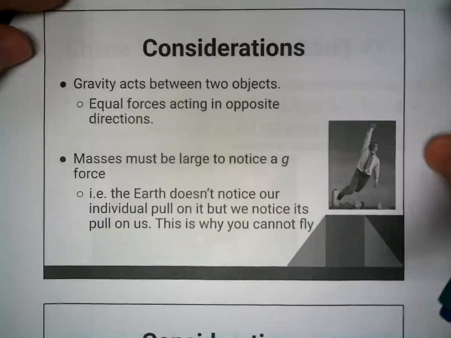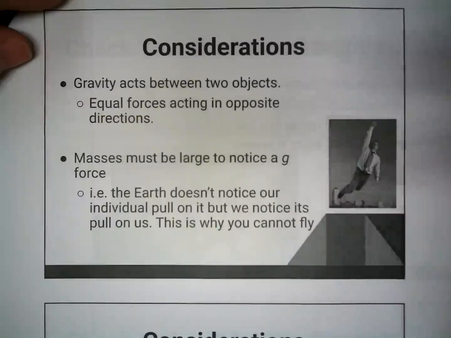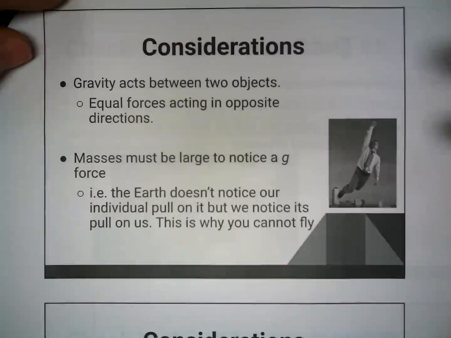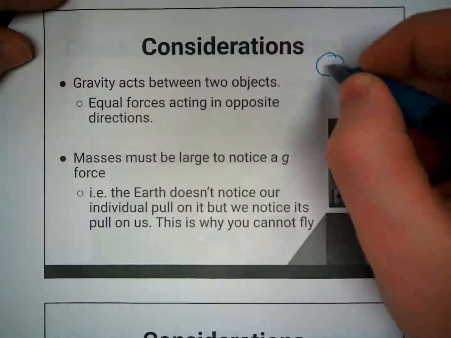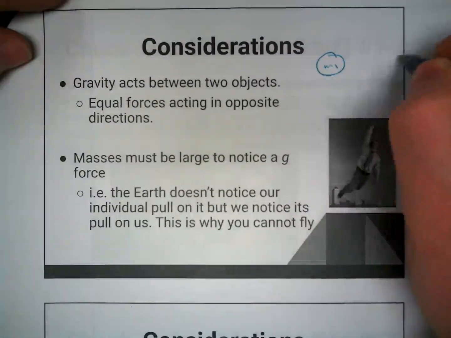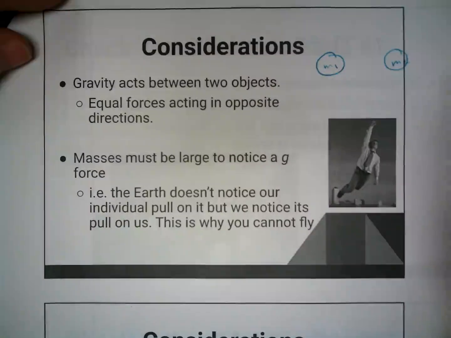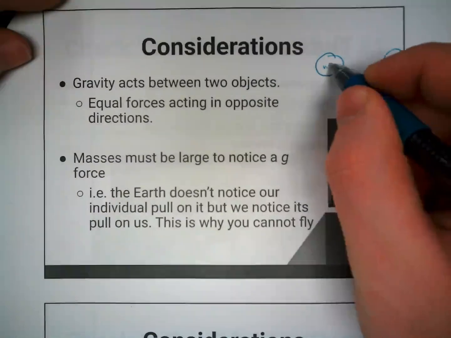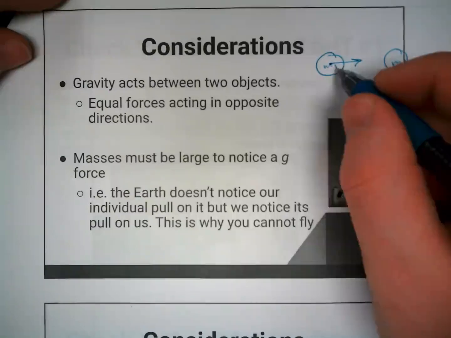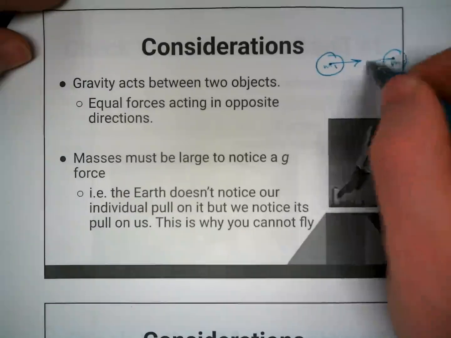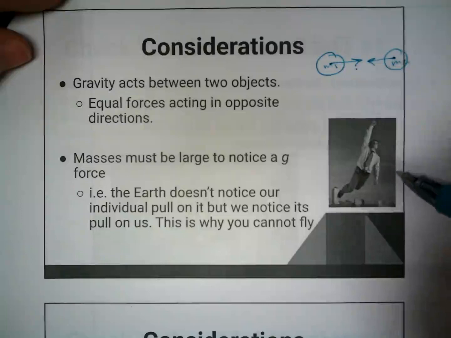Some considerations. So gravity acts between two objects, obviously. That's represented in the formula. That is something that we have been seeing. Now, these are equal forces, and they're acting in opposite directions. So if you've got the mass of our first object here and the mass of our second object here, don't think that because this object's mass is bigger, all of a sudden, for whatever reason, it's going to have a larger force on this guy.